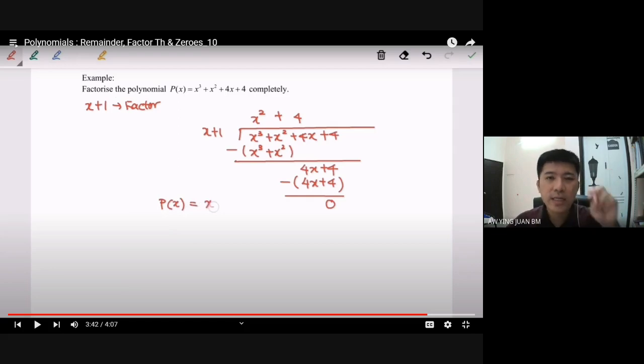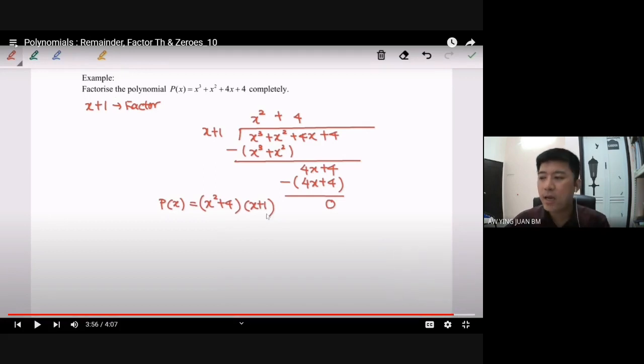Revise balik standard form yang kedua, which is P(x) is equal to Q(x) multiply with the D(x) plus R(x). Itu format dia. Sebab apa saya guna yang kedua bukan yang satu? Sebab soalan original format dia adalah P(x) sahaja. Dia bukan P(x) over D(x). Okay? So dengan itu kita pun tulis jawapan saya macam ni.